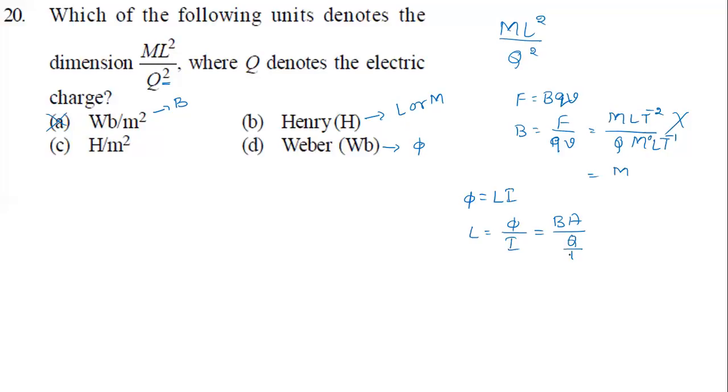Q times of T. So it will become B times of A into T divided by Q. So let us insert the value of B. Let us simplify the equation to get the B value. So M, L and L is going to cancel. T square, okay, it is T power minus 1 divided by Q is there. So M T power minus 1, Q power minus 1.